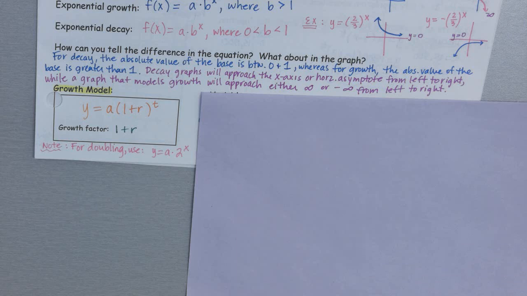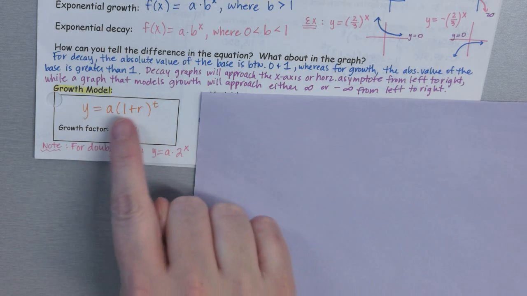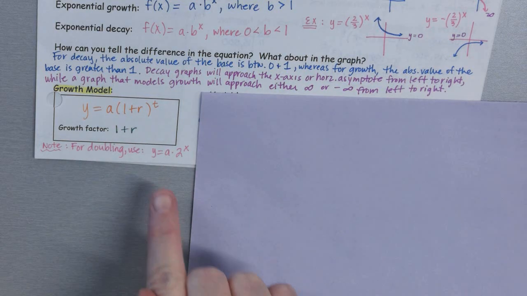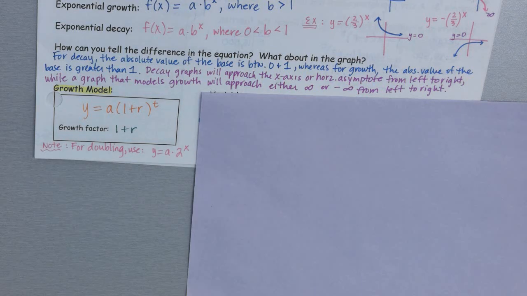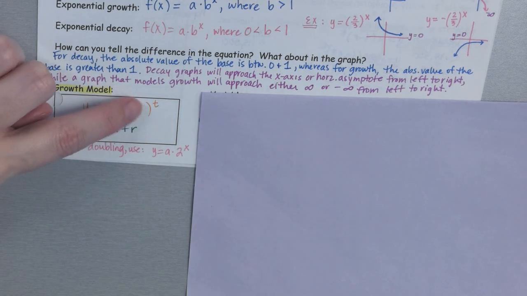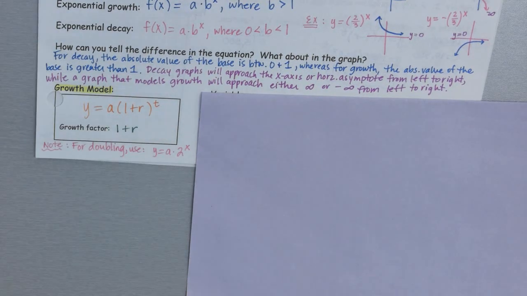If you have a doubling situation, you don't have to worry about this 1 plus r. You can just use y equals a times 2 to the x. Which really makes sense because if it's doubling, you have 100% and that is doubling another 100%. So the 1 plus 1 would be the 2. That would be the doubling.